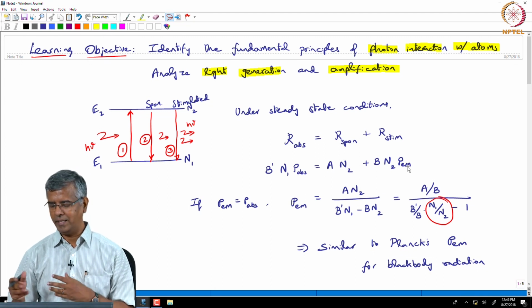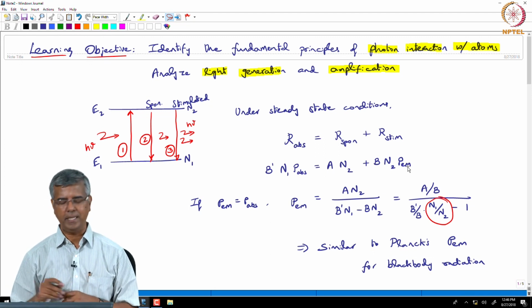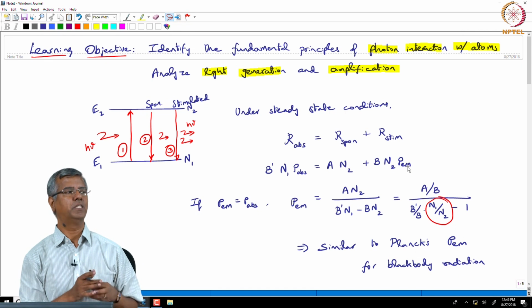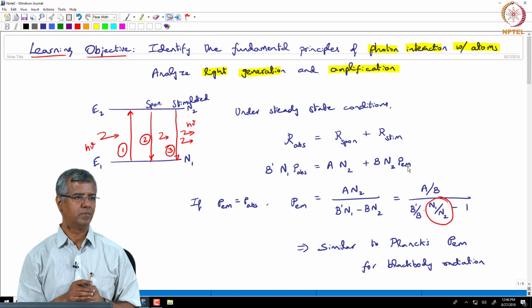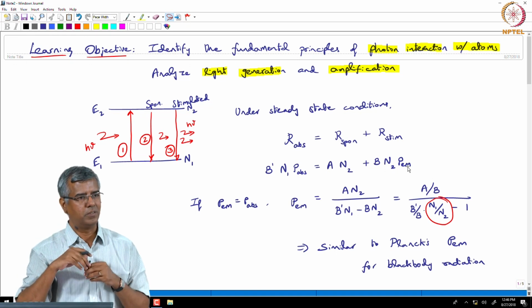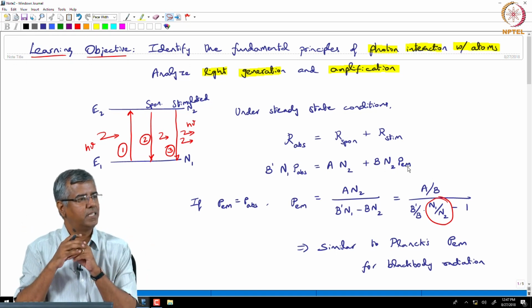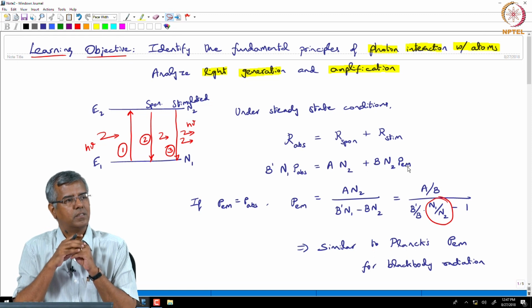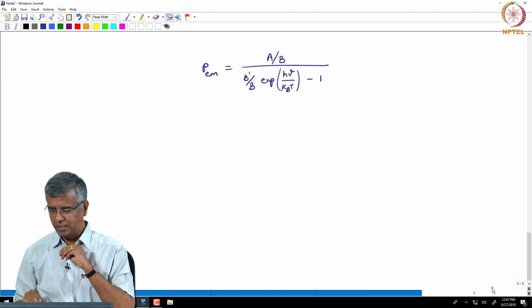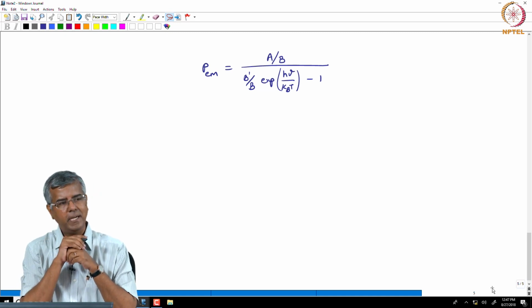On the other hand, if that probability density is a small number, then spontaneous emission is the dominant mechanism, which is why light emitting diodes and others are primarily spontaneously emitted sources. So we want to look at different possibilities.